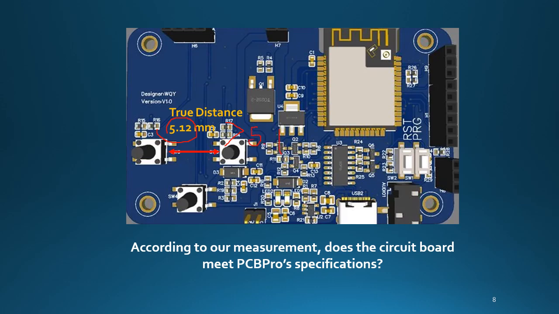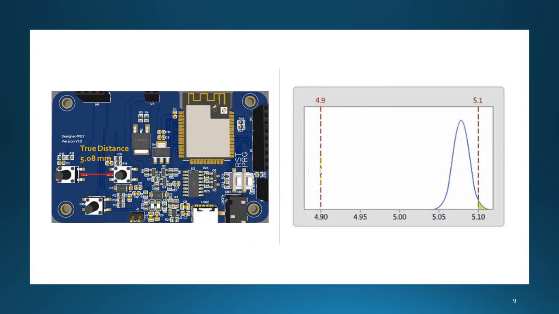So the board does not meet specifications. Even though the board's true distance is within the specification, the measured value suggests otherwise.